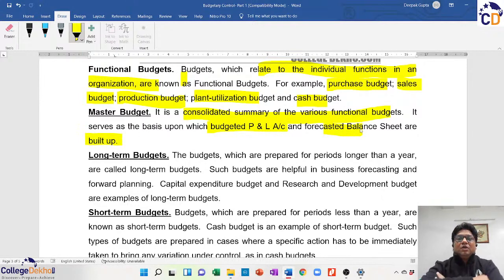So what a large industry does is ask each of their departments to prepare their individual functional budgets, and then the head office combines those functional budgets into the master budget, and that master budget is used to create the budgeted profit and loss account and the forecasted balance sheet as per the targets set by the business organization, which is later compared with the actual. And if there are variances, then each of the functional budgets is analyzed to identify the reasons.